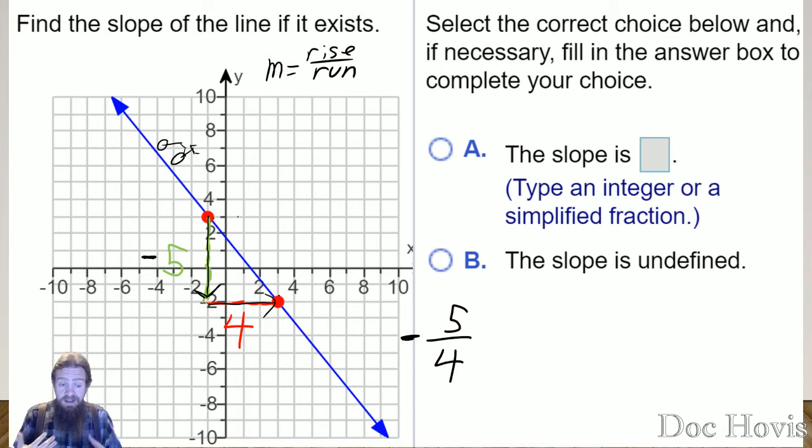That's going to be an important conversation. Slopes are important to some people in the company, but absolutely everybody needs to identify the difference between a positive and a negative slope. And this right here is a negative 5/4. Good. Don't make fun of my bicycle.